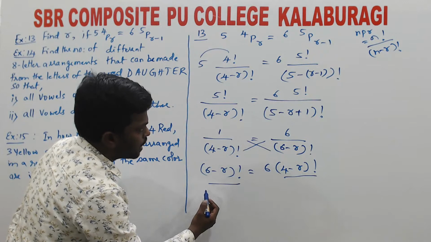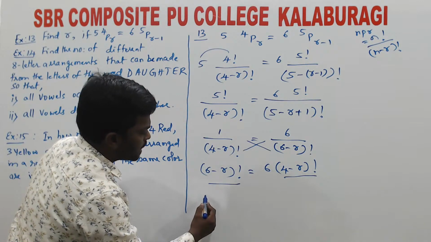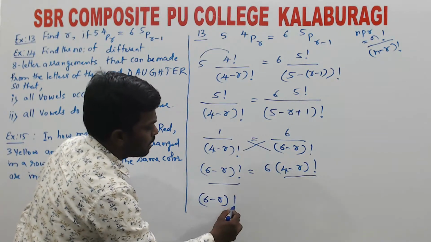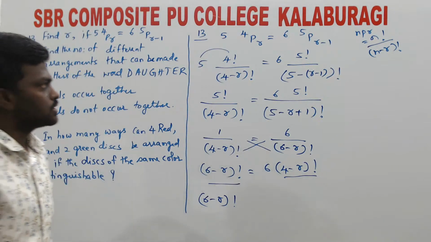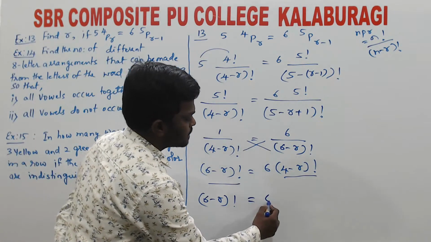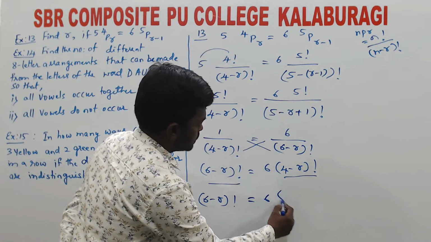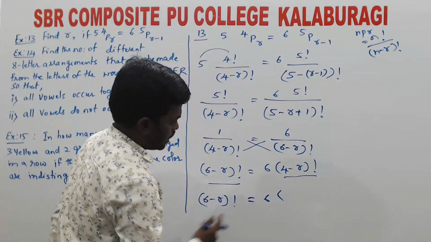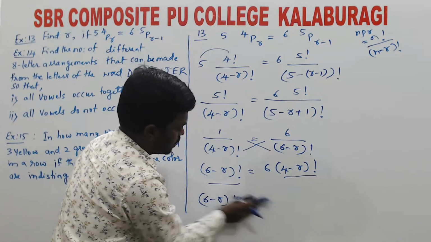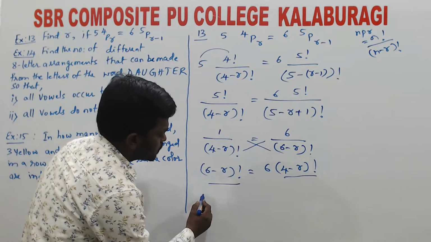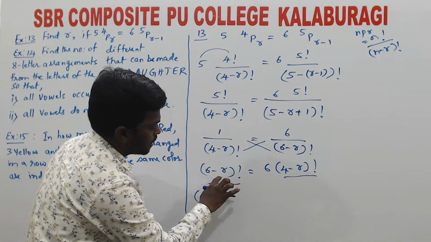Yes, students. Now can I write this as (6 minus r) factorial as it is? Let me simplify this. I have told you, apply the definition. So 6 minus r, open this factorial.